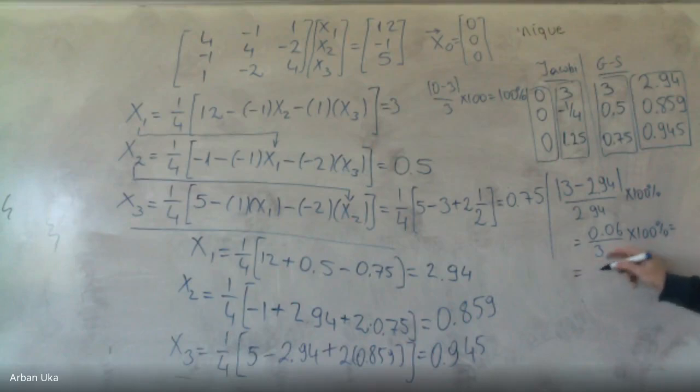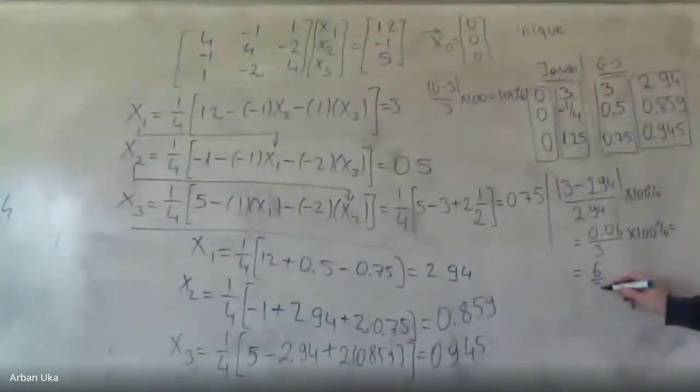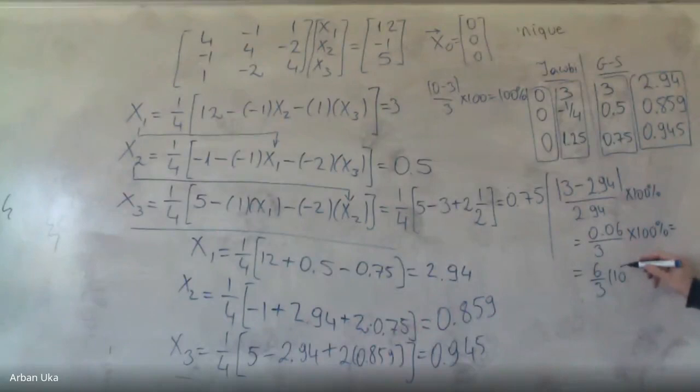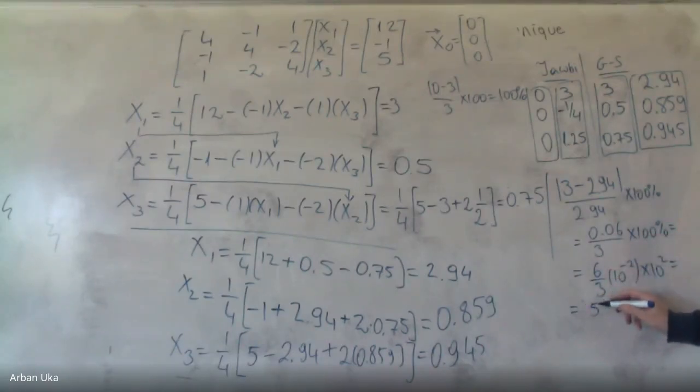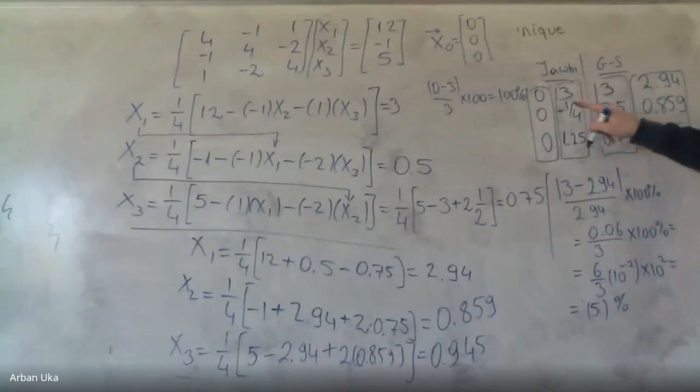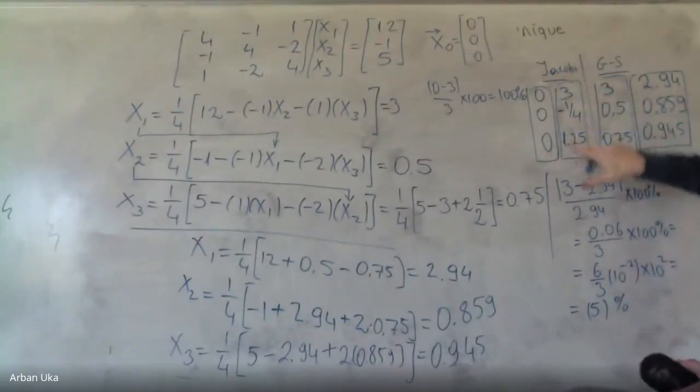But we get 6 divided by 3 times 10 to the power minus 2 times 10 to the power 2. Okay, because this is 100%. And this is equal to 6 divided by 3, it's 2, times this, 2%. So it looks like we get a small percent difference. So from the first root, assume that we don't have the column of Jacobi here.